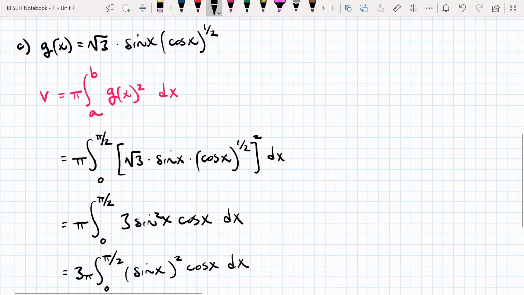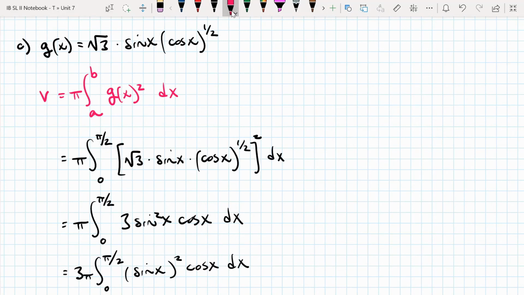Okay, so now we want to integrate this. It might not be that clear, but this is actually going to be a u substitution question. Remember, u substitutions are used when we have one term in the integrand whose derivative is located somewhere else in the integrand.